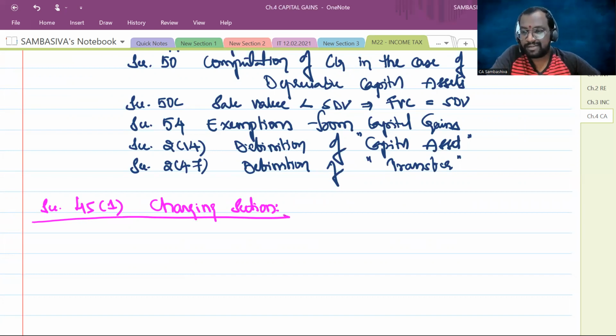In the 45 section, we have a series like section 45.1, charging section, which is applicable for the general cases. And after that, we have some special cases for which we have special charging sections like section 45.1A, section 45.2, 45.3, 45.4, 45.5, and 45.5A. These are all applicable on some special circumstances. In the normal circumstances, section 45.1 is applicable.